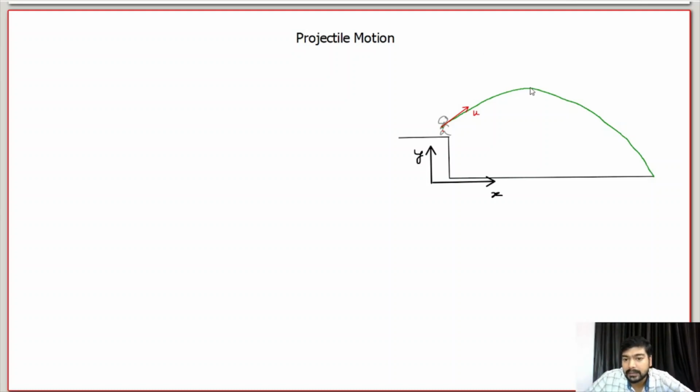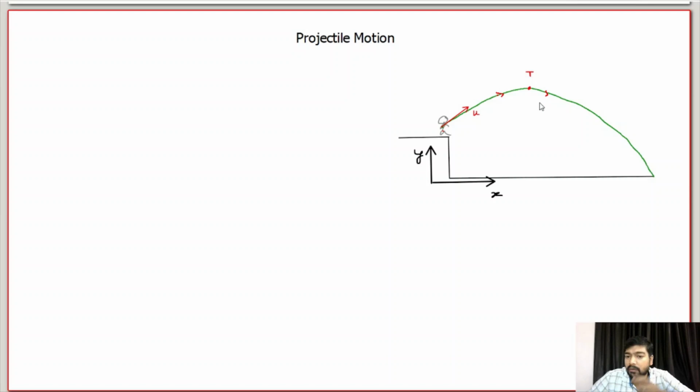The same thing is happening here with this object which is thrown by this man. At the topmost point, the velocity in the y direction is upward before it, and after this topmost point the particle is moving downward, like this. So in the y direction the particle is moving upward till this point, suppose the topmost point t, and after this point t the particle is moving downward.